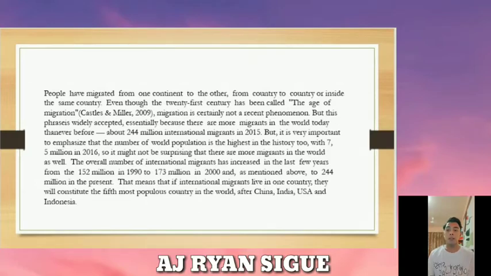That means that if international migrants lived in one country, they would constitute the fifth most populous country in the world after China, India, the US, and Indonesia.